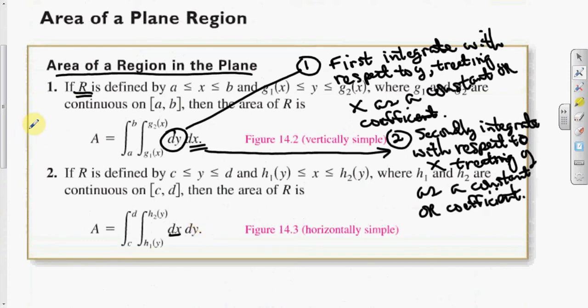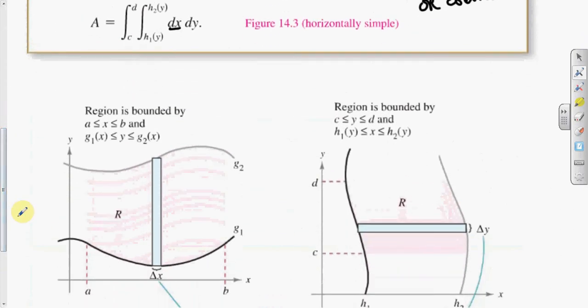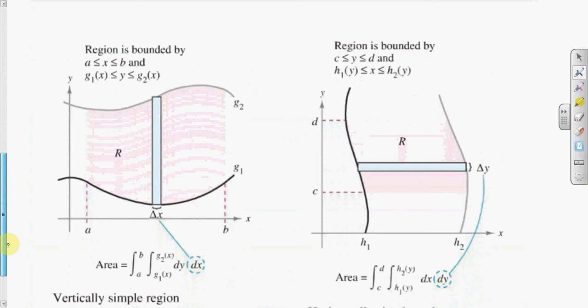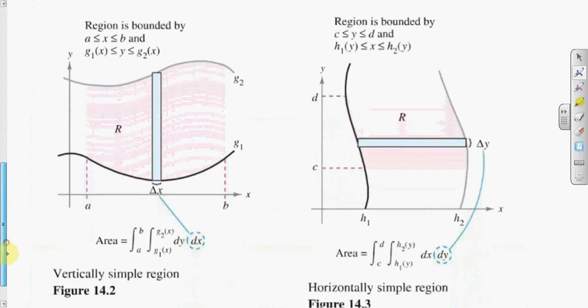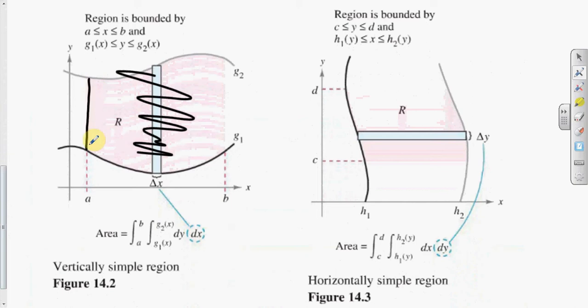So in terms of how the regions look down on the surface, if it's vertically simple, look at this first figure. Vertically simple means that I want to bound whatever region that I'm talking about with respect to two vertical lines. Here the line x equal to a, and then the line x equal to b.